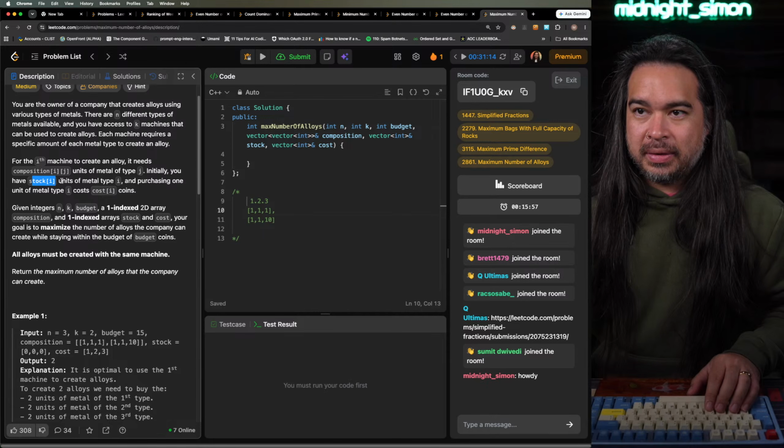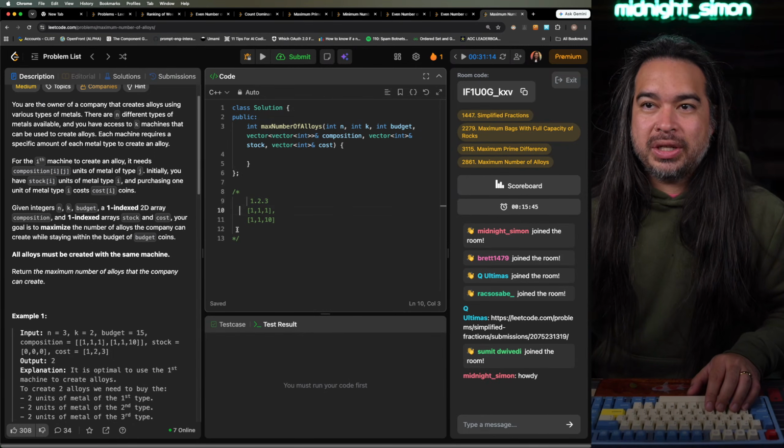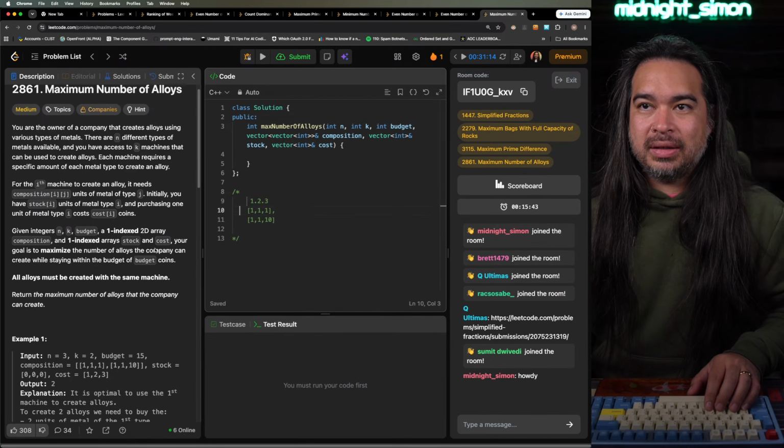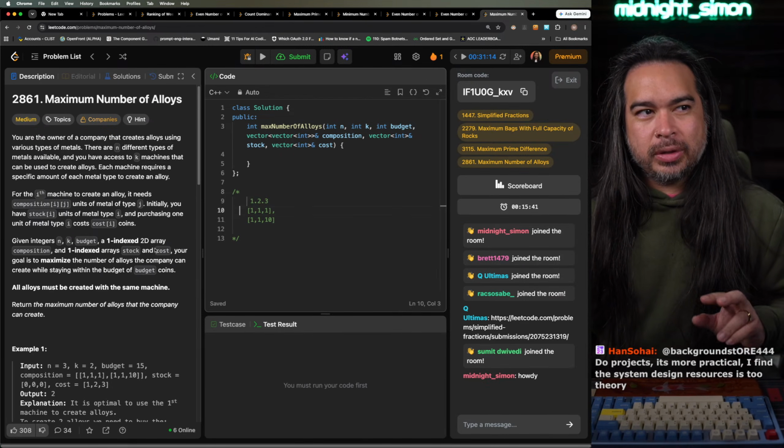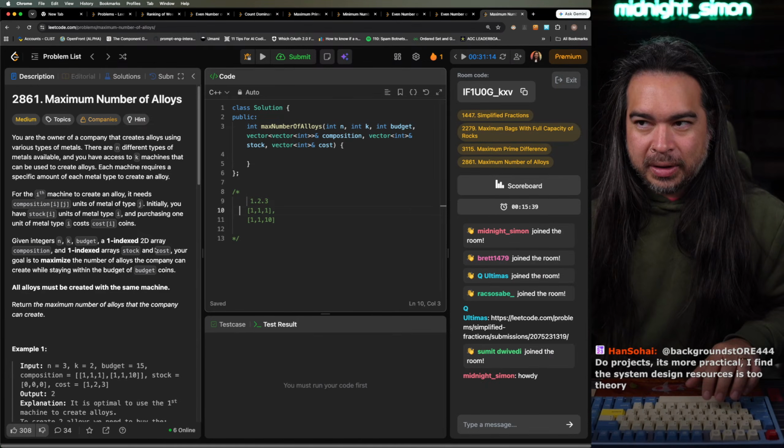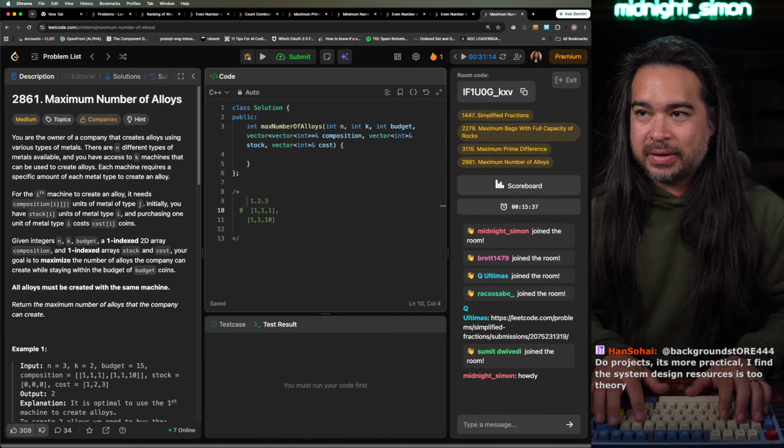Stocks i of metal type i. For the ith machine, I see. Oh, so the different machines, I see. The 2 different machines are making 2 different types of alloys. Okay.